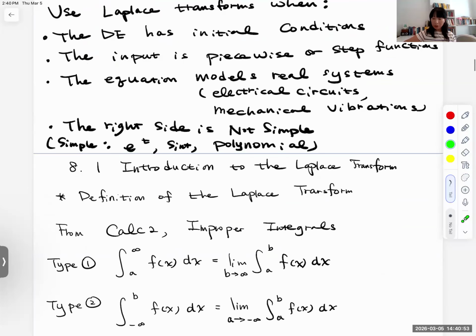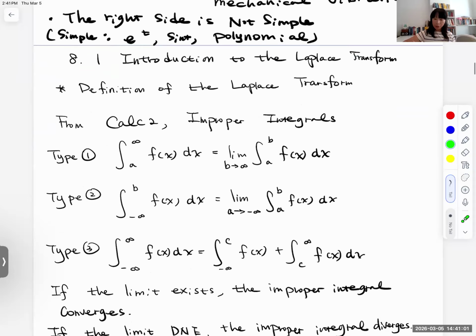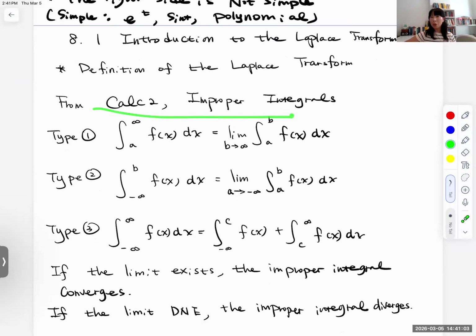We have the introduction to the Laplace transform. This is from Calculus 2, where we had improper integrals. Remember? We have the integral from a to infinity of a function. Which one is the bad spot?